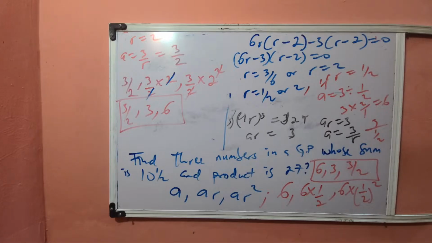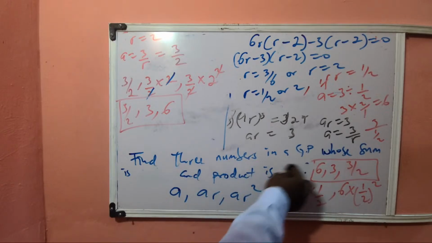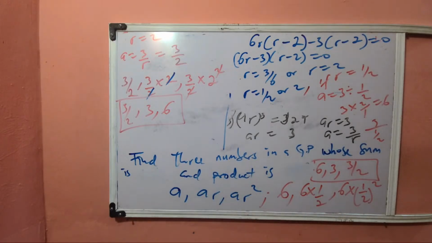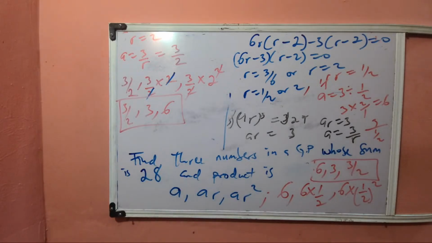Now, you're supposed to find 3 numbers of a particular geometric sequence whose sum is 28 and the product is 512. This will give you a very perfect practice for what we just solved. So you're supposed to find 3 terms in a GP whose sum is 28 and the product is 512.